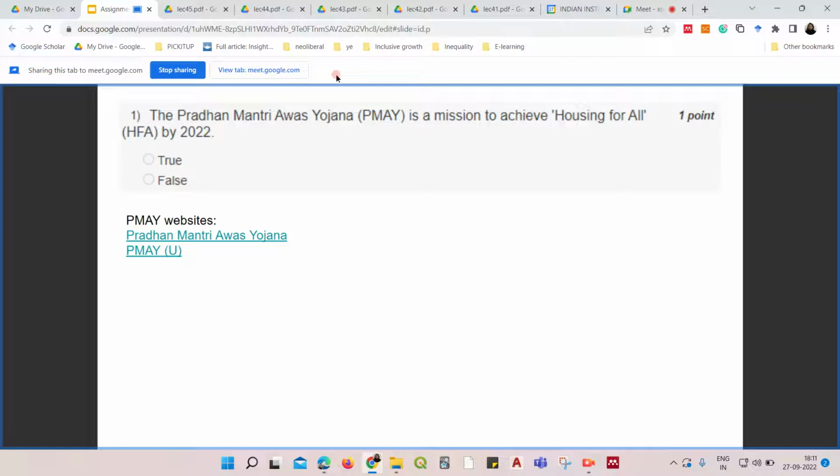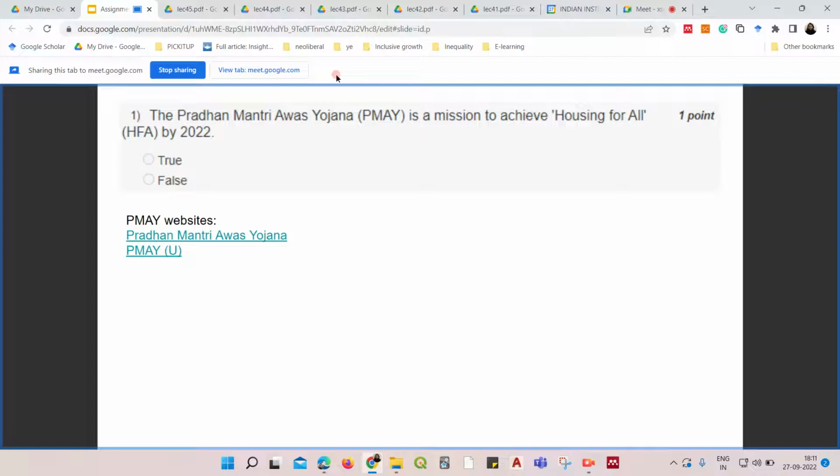And next you would see what it says about the mission. So does the PMAY mission aim to achieve housing for all or not? This you would have studied while studying the PMAY mission. As in the name only, which is Awas Yojana, it caters to housing. It largely focuses on catering housing to the lower income group and economically weaker sections.